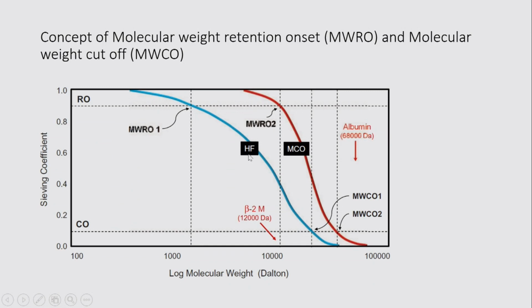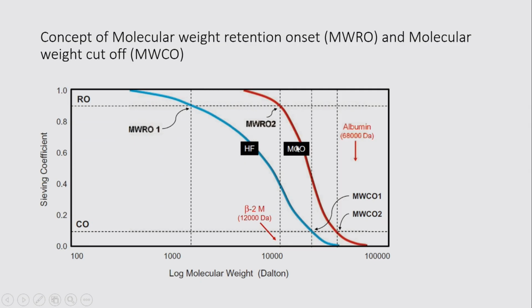One is the high flux membrane, and the red one is the graph of the medium cutoff membrane. We can see in the high flux membrane, the retention onset, that is the 0.9 sieving coefficient, is reached somewhere around a molecular weight of 1200 to 1300. So this is the molecular weight retention onset for high flux membranes.